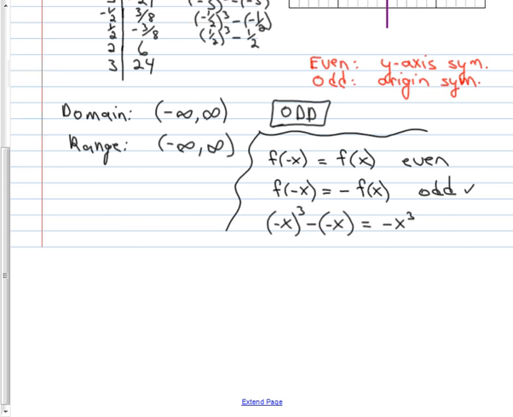Now minus a negative means I am adding. Now remember, the original function was x cubed minus x. Have we created something that is exactly the negative of the original? Yes. The original was a positive x cubed, we have a negative x cubed. It had a minus x, we have a plus x. It is an odd function.